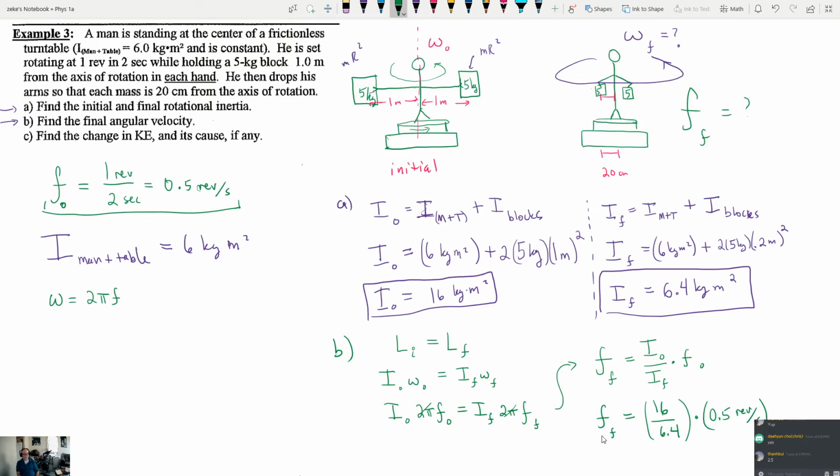You all tell me. 1.25. The problem asks us to calculate the final angular frequency, though, so we need to multiply that by 2 pi. So what do you get if you multiply this by 2 pi?